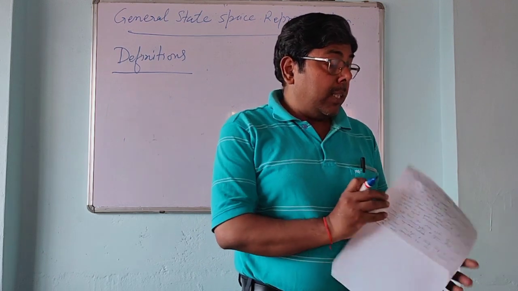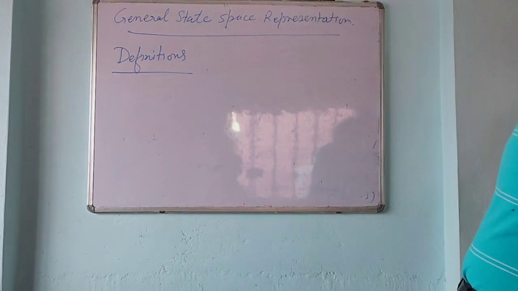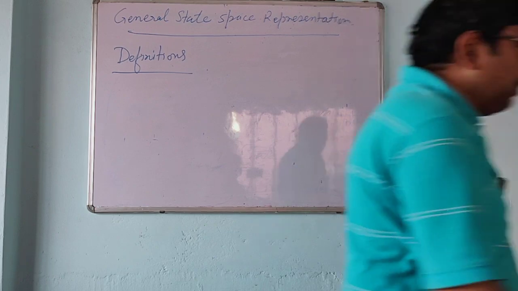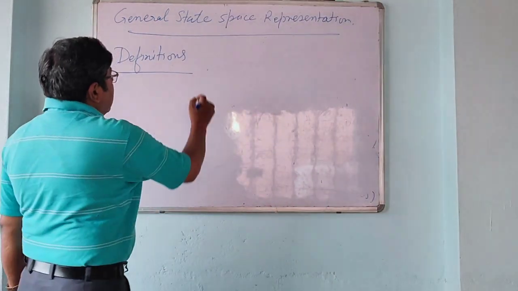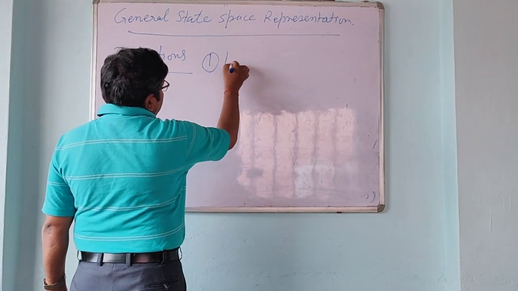So first one is the linear combination. What is the linear combination?